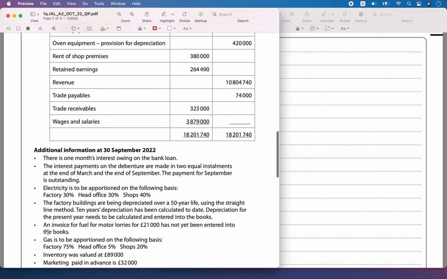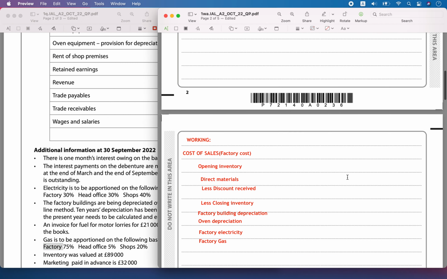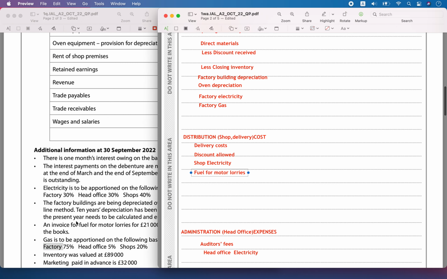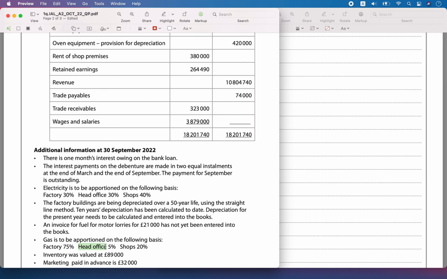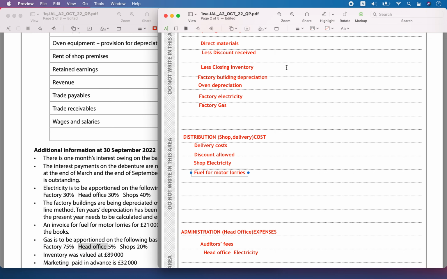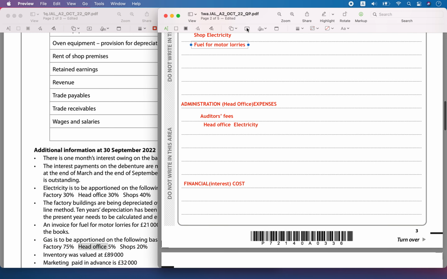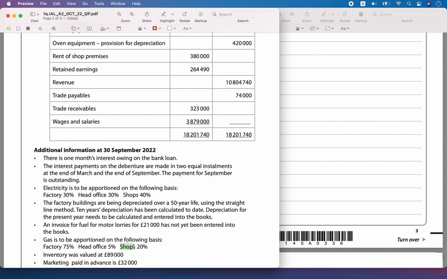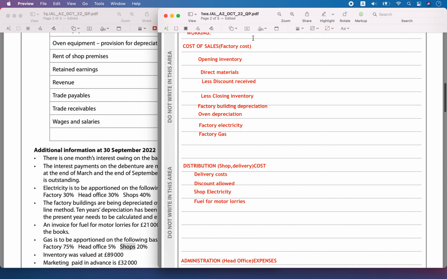For the gas, we don't know under which, but here it is given factory gas, which we have already included here. It's going to come under the head office also, so head office gas expense will also appear here, and the shop's gas will appear under the distribution cost.